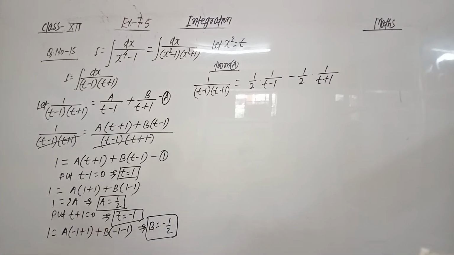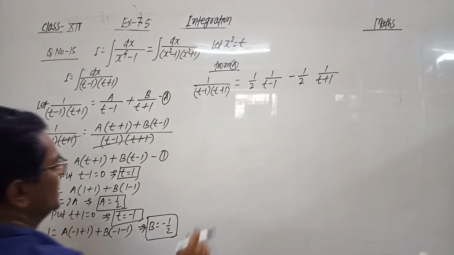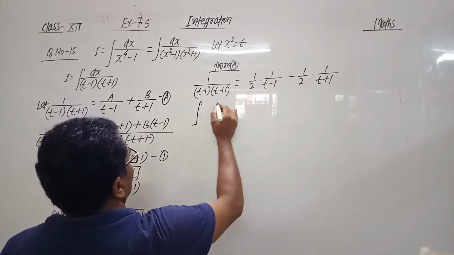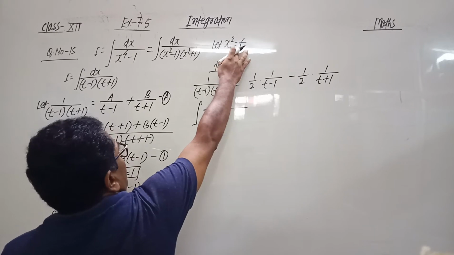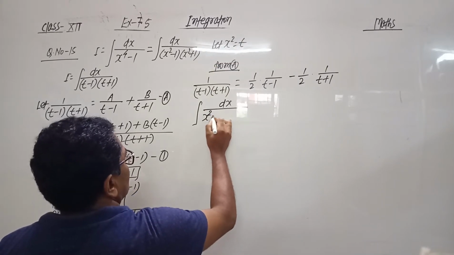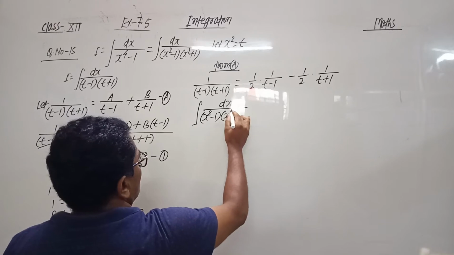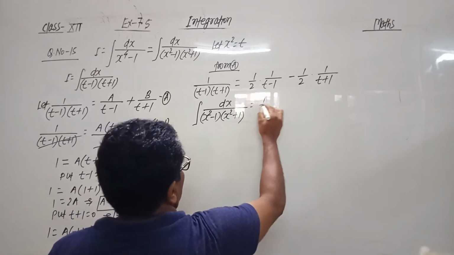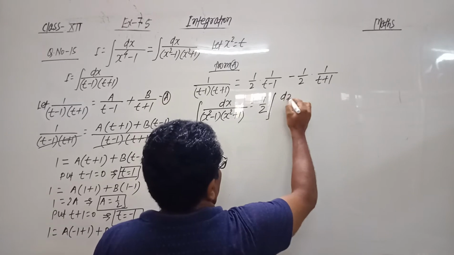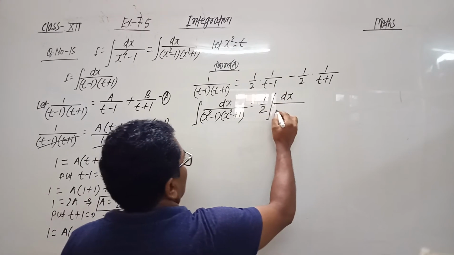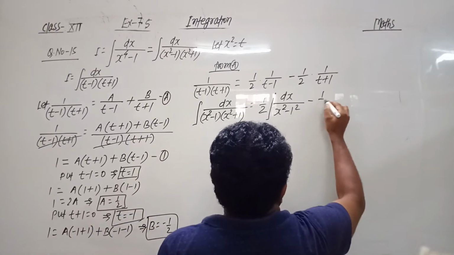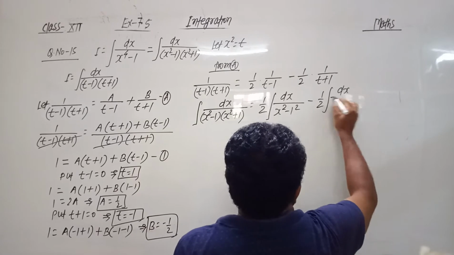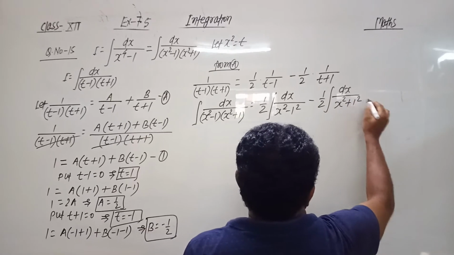Now put the integration on both sides, and introduce dx. So integration dx upon x square minus 1 into x square plus 1 equals to 1 by 2 integration dx upon, the value of t is again taken x square, so x square minus 1, minus 1 by 2 integration dx upon x square plus 1.